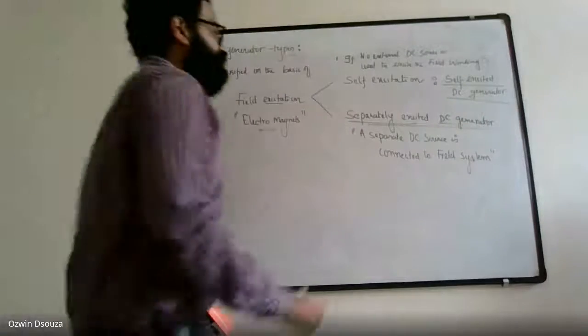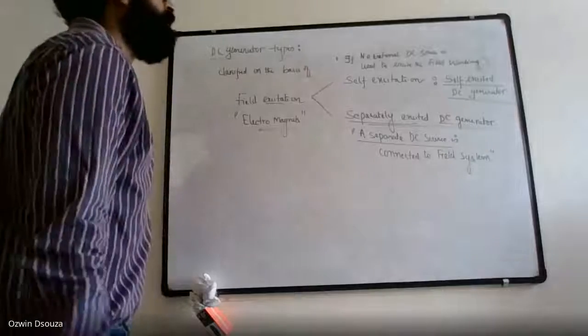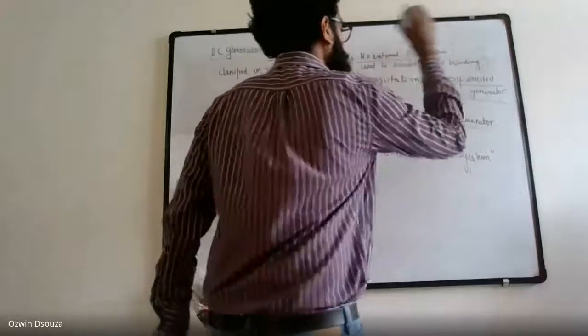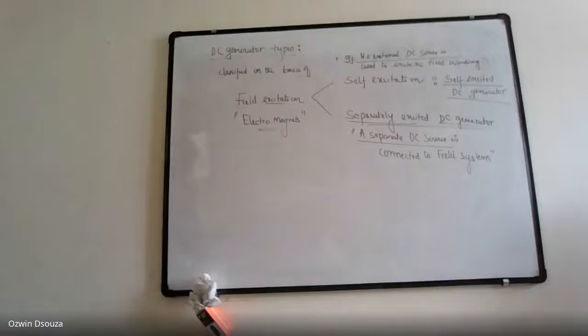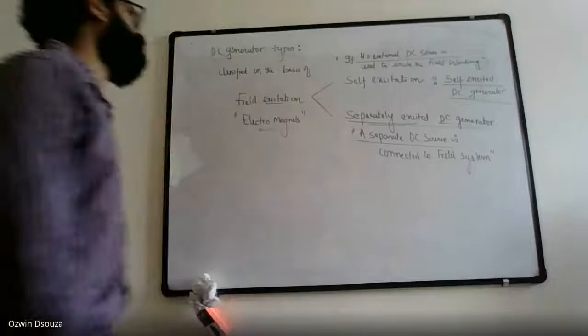A separately excited DC generator requires a separate DC source, and a self-excited DC generator requires no DC source. Okay. So this is the first level of classification.